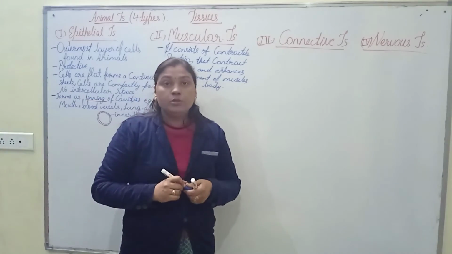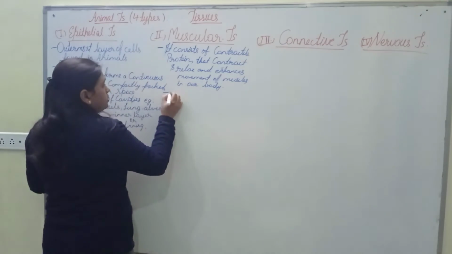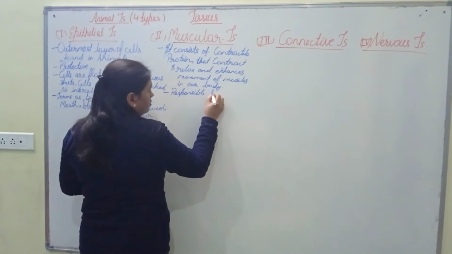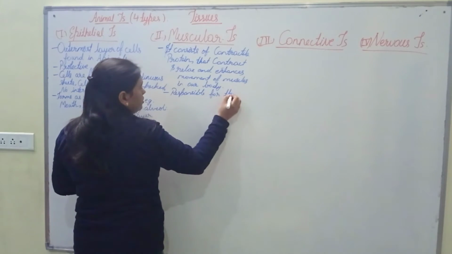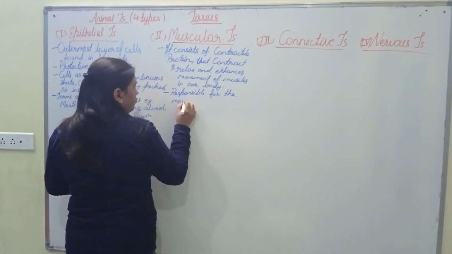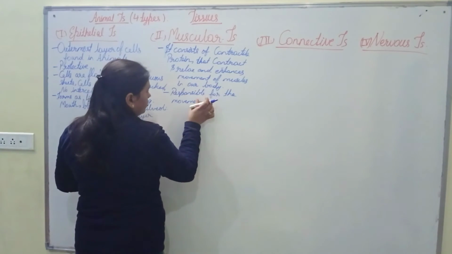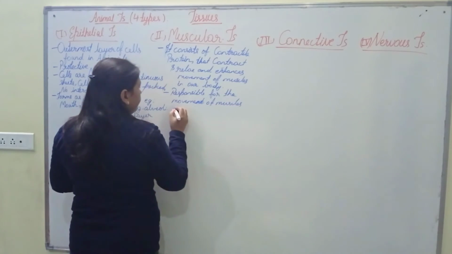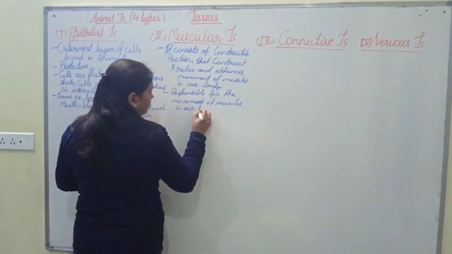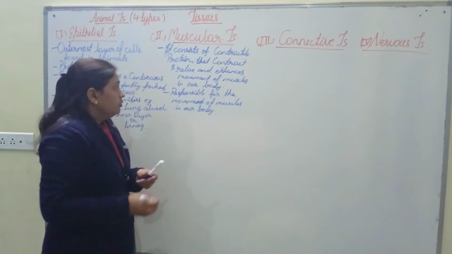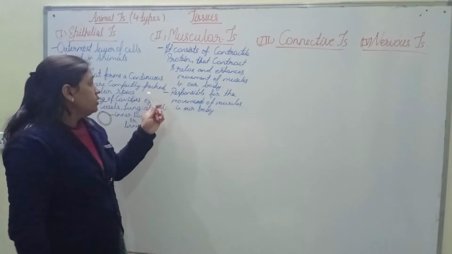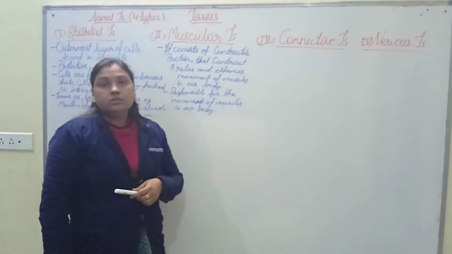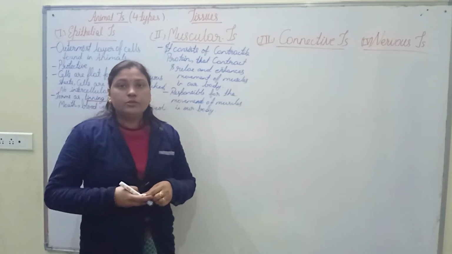Muscular tissue is responsible for the movement of our body. Muscular tissues are responsible for the movement of muscles in our body, and they consist of special proteins known as contractile proteins.